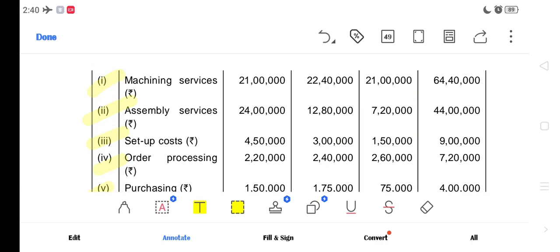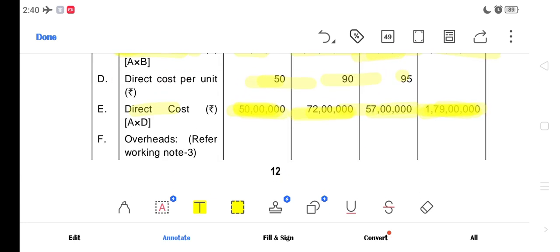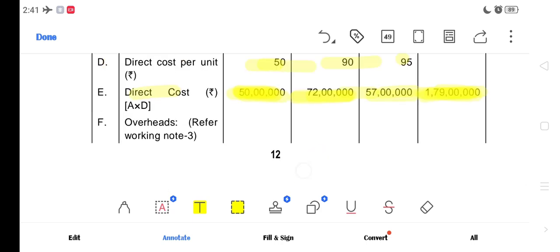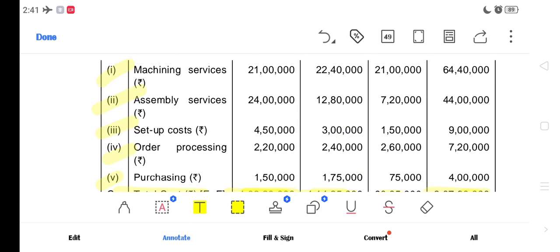Now just see this. Up to direct cost you have the idea, and from overheads we have to do it. So for overheads, they referred to working note number 3, which we have seen. They have considered 5 things: machining services, assembly services, setup costs and so on.